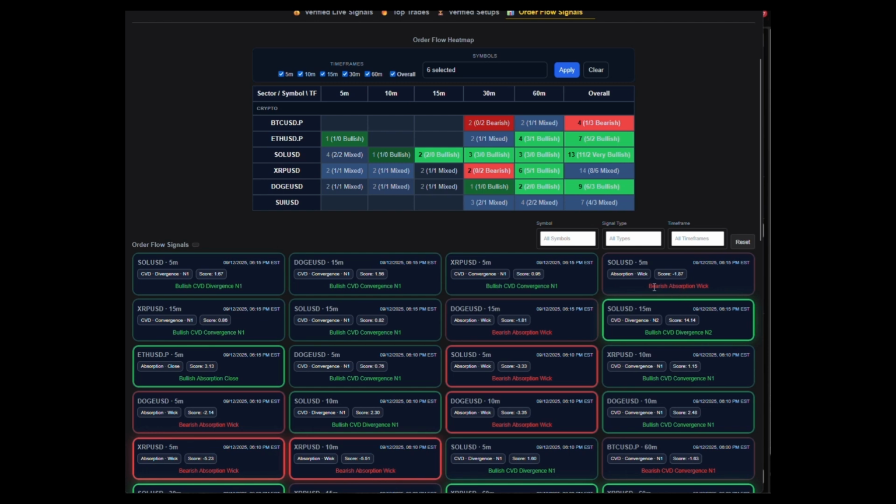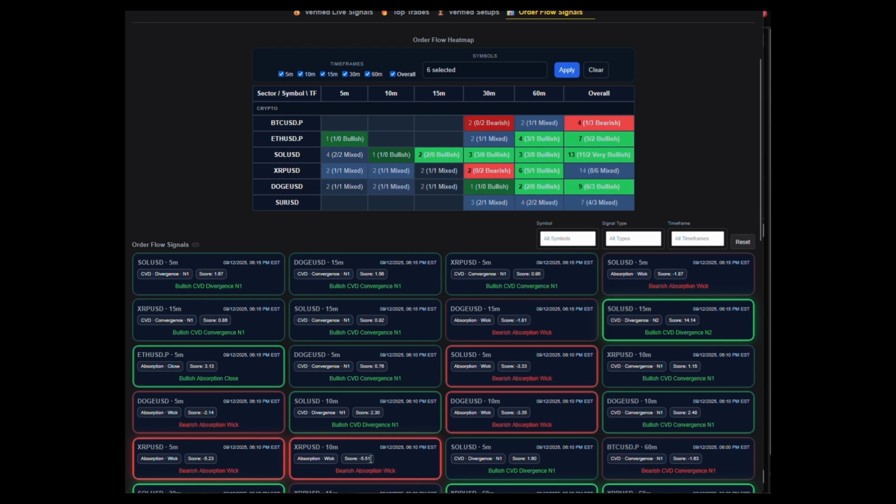So in this case, bearish absorption wick is a high positive delta or a high amount of market buys in the wick of the candle, and then it closes below all those market buys, creating a bearish absorption wick. So 1.87 is the relative amount of market buys that are trapped in that wick.